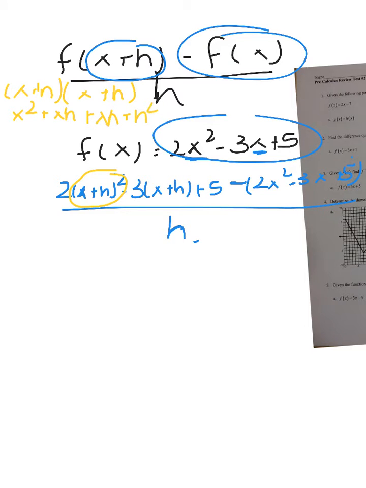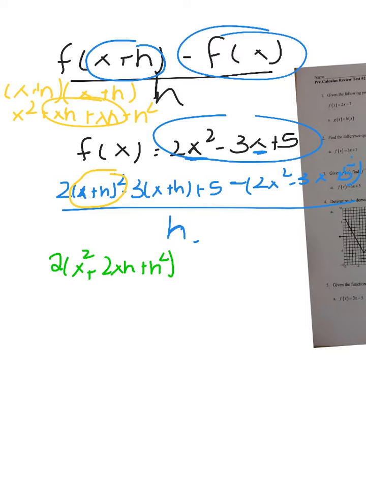And then these two combine to 2xh. So it's 2 times x squared plus, sorry, stylus is not working too well. Okay, so I have here 2 times x squared plus 2xh plus h squared.